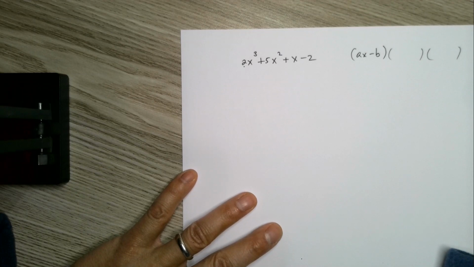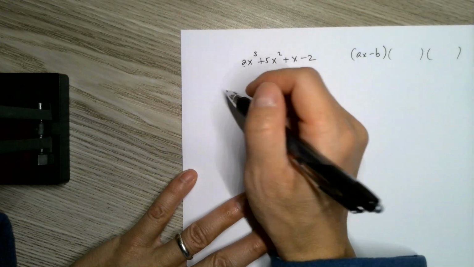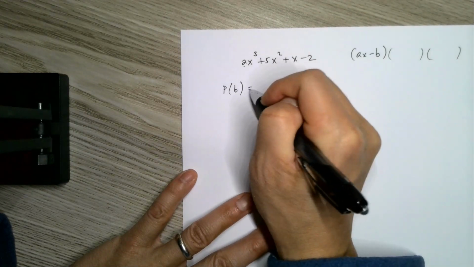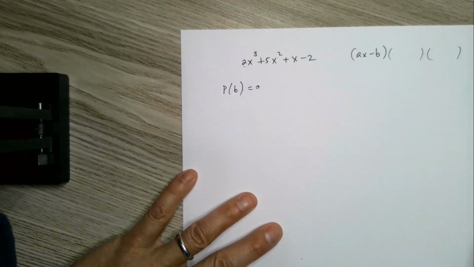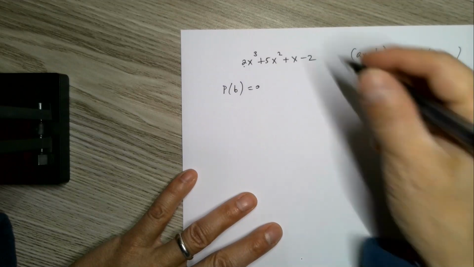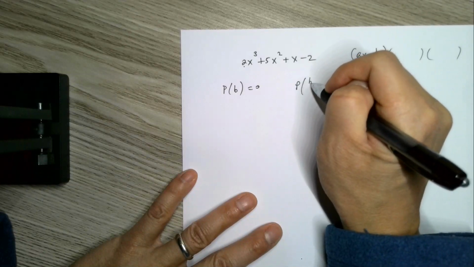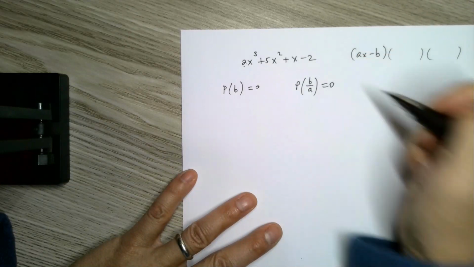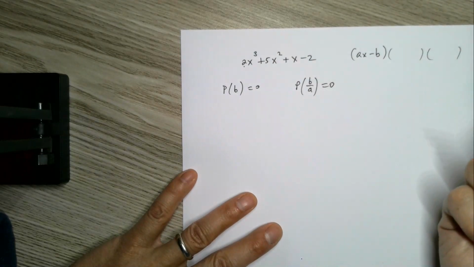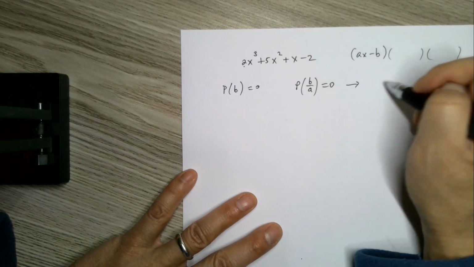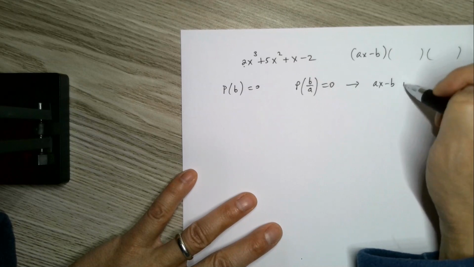So that gives us an added aspect to look at when we want to plug in p of b over a to get 0. So the rational root theorem says that if p of b over a is 0, then ax minus b is a factor.